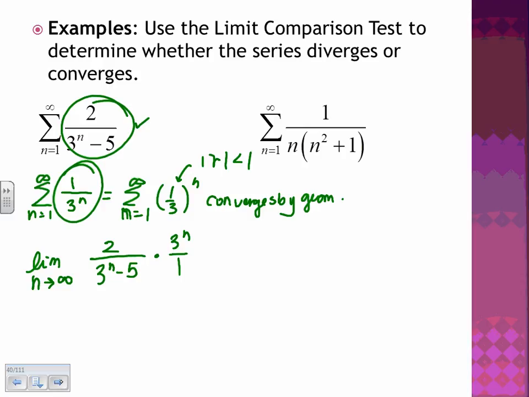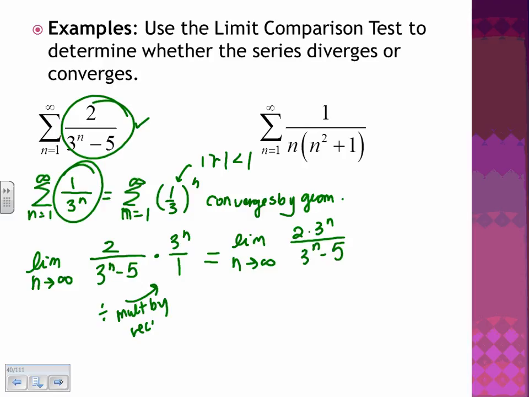Is that okay? So you divide as multiply by reciprocal. And what do you get out as you take that limit? So let me just rewrite it, see if this helps. That'd be 2 times 3 to the n over 3 to the n minus 5.